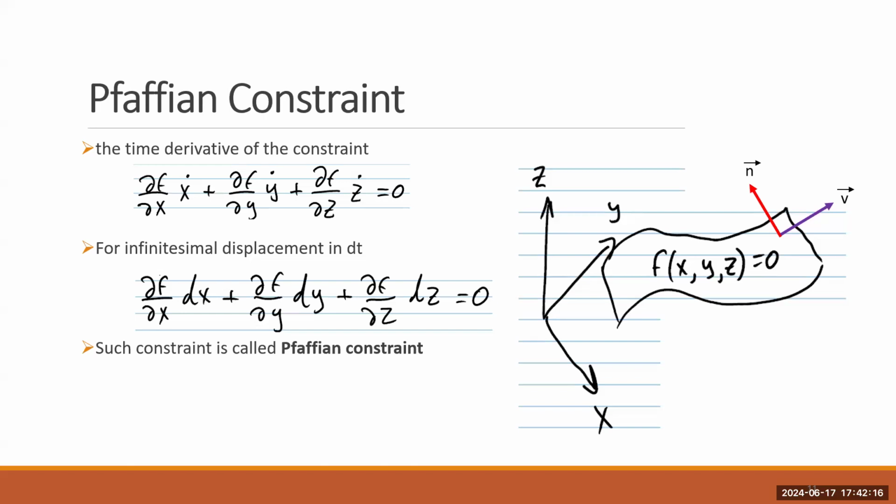We can have a constraint that reduces the number of degrees of freedom. This is called a holonomic constraint. We can have a constraint on the velocities. This is a non-holonomic constraint. And we have something in between, which is a constraint on the velocity, but in a specific form, called a Pfaffian constraint.